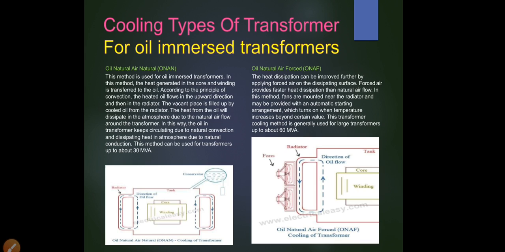The heat from the oil will dissipate in the atmosphere due to the natural airflow around the transformer. In this way, the oil in the transformer keeps circulating due to natural convection and dissipating heat in the atmosphere due to natural conduction.